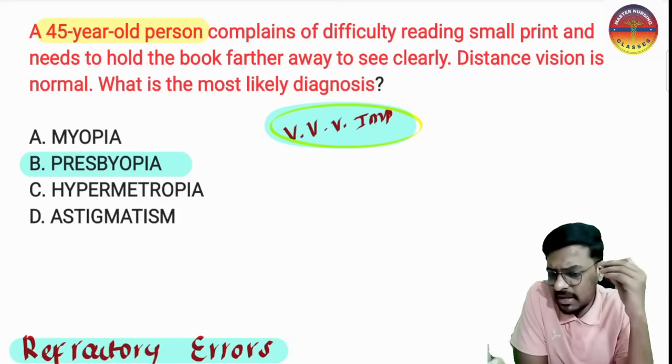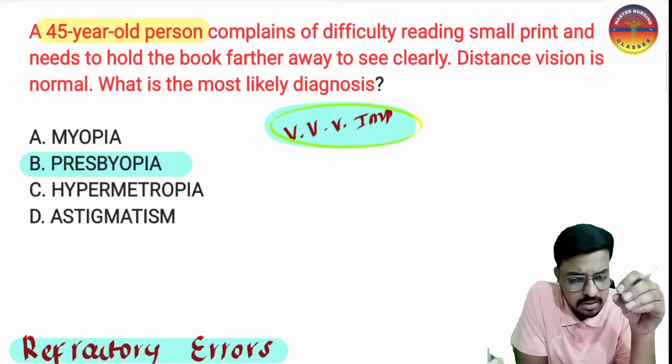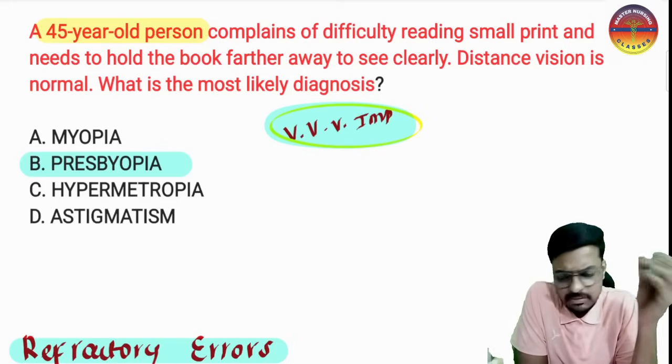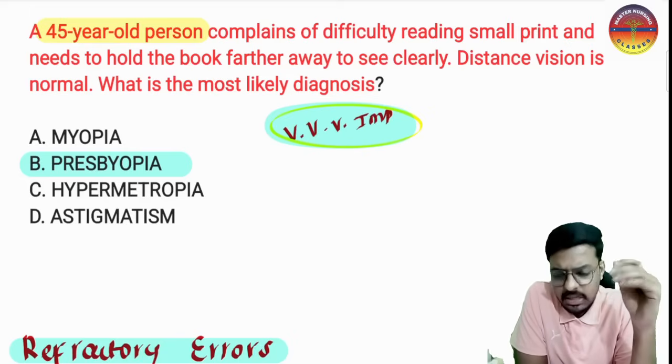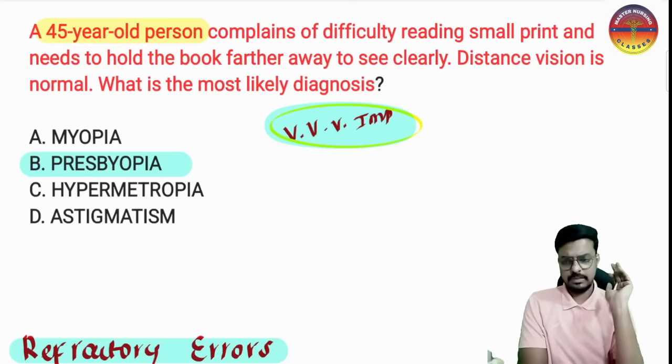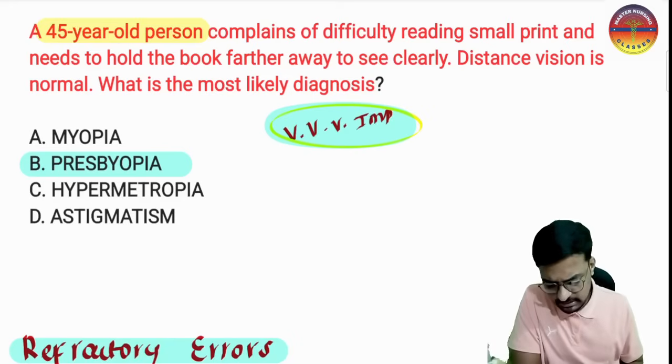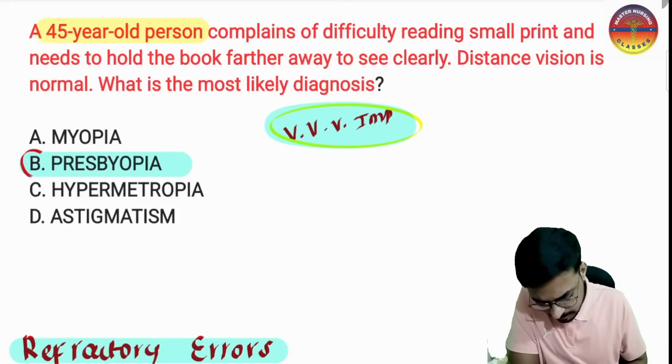Presbycusis means a problem in hearing due to aging. Presbyopia means a problem in vision due to aging. I hope it is very clear. So the answer for this question is option B.